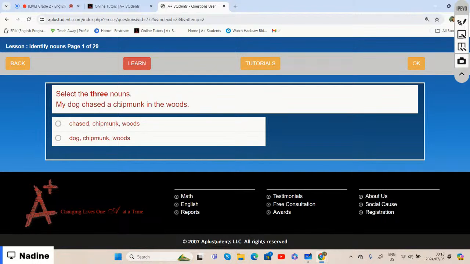Is it option one, which is chased, chipmunk, woods, or option two, which is dog, chipmunk, woods? We need to select the three nouns within the sentence.